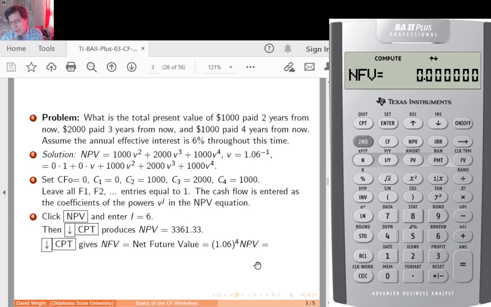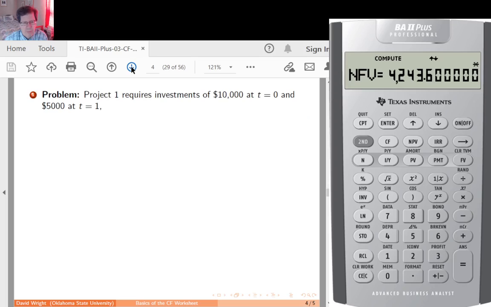That's easy enough to do by yourself, but the calculator does it too. You have to say compute, and there it is, $4,243.60. So that's kind of convenient that that's there all in the NPV button. And we'll actually see some more later on use of this.